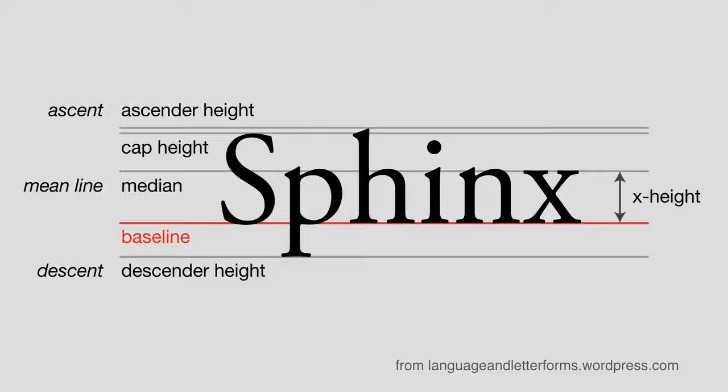Looking at this chart, you can get a really good look at what the different pieces are, how they come together and how they play along with one another. Note that the mean line or the median is essentially just the halfway point between the base and the cap, and that could change dependent on the x-height, because some of the lowercase letters are rounded. But that gives it a nice visual feel.